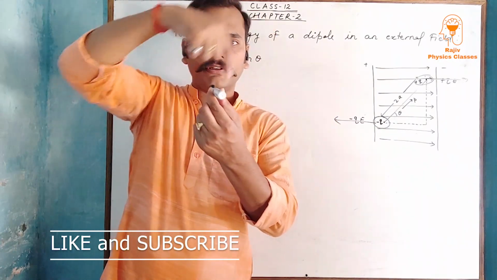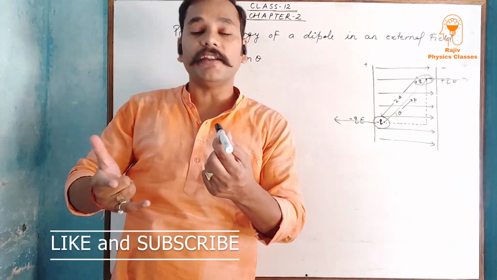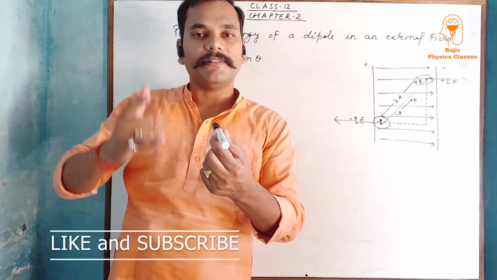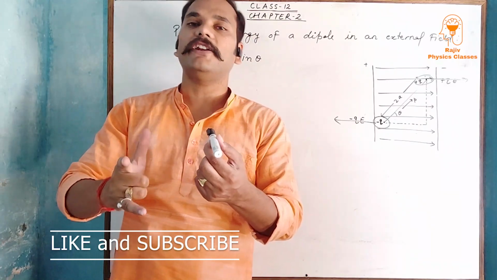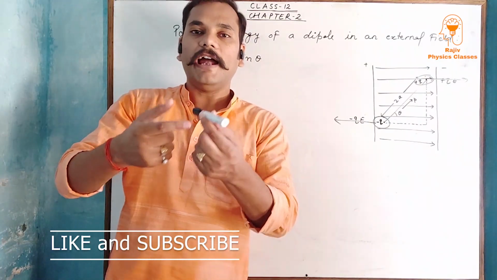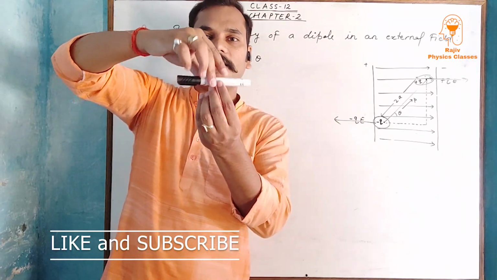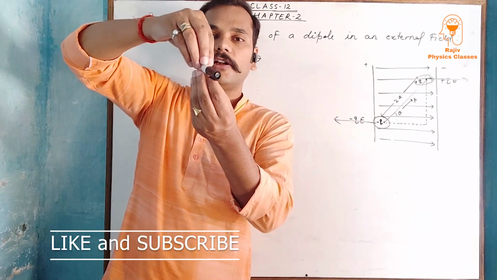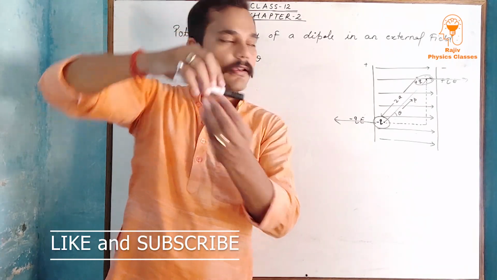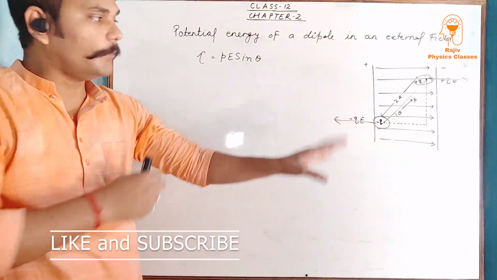If I apply one force on this side and one force on this side, these forces will be equal and opposite, but they are working along different lines of axis, so it will produce a torque, and due to the torque, this dipole, this object, will rotate anti-clockwise, or this dipole will rotate on its axis in this way. So here also the same situation will be performed.